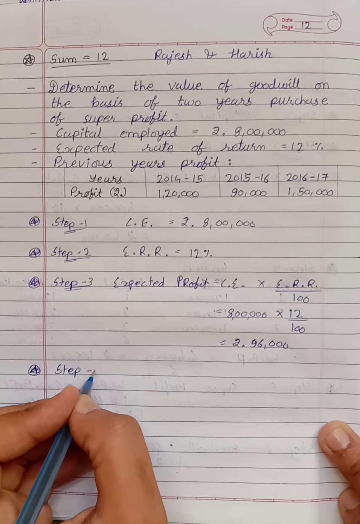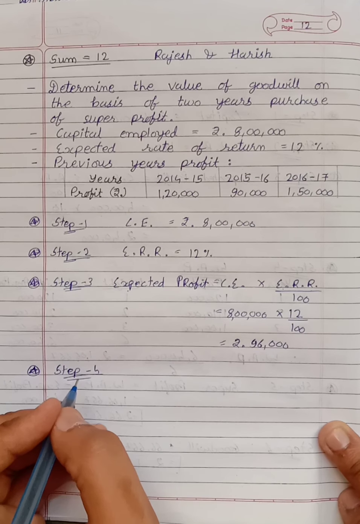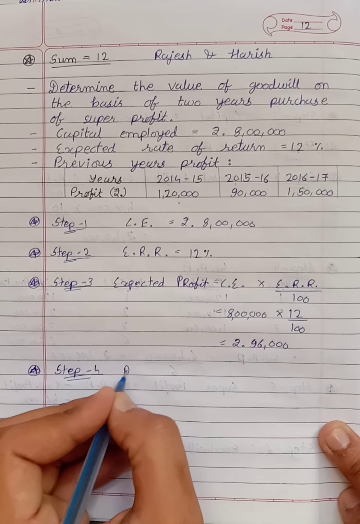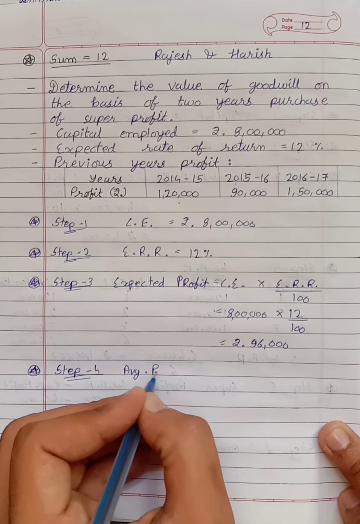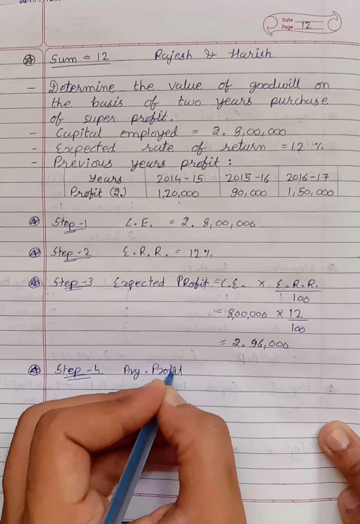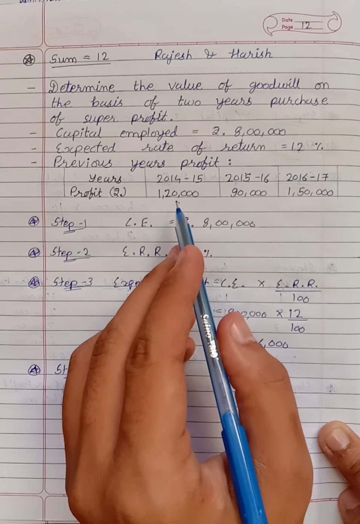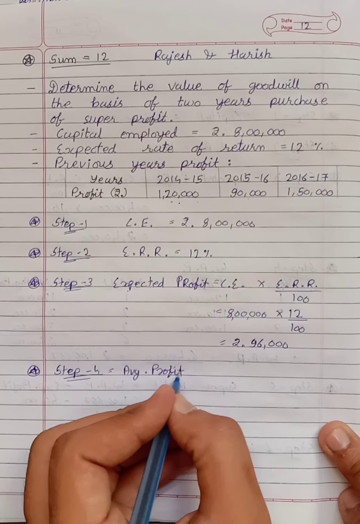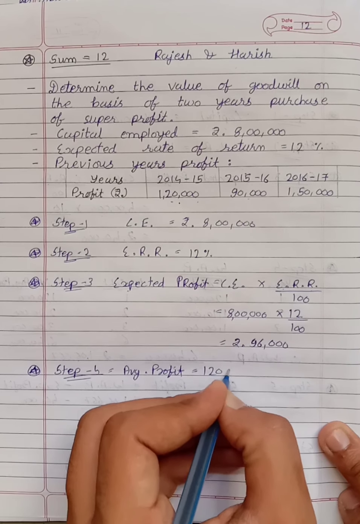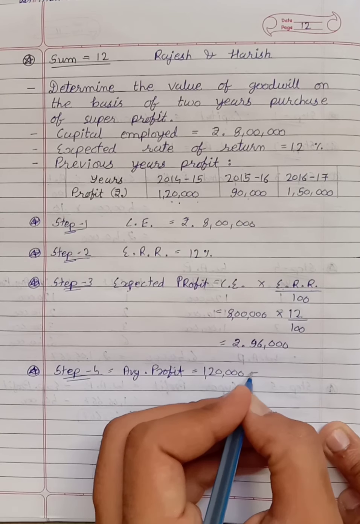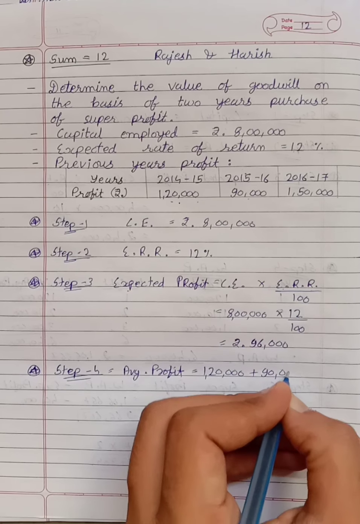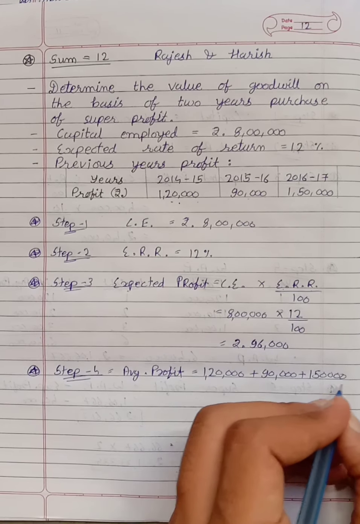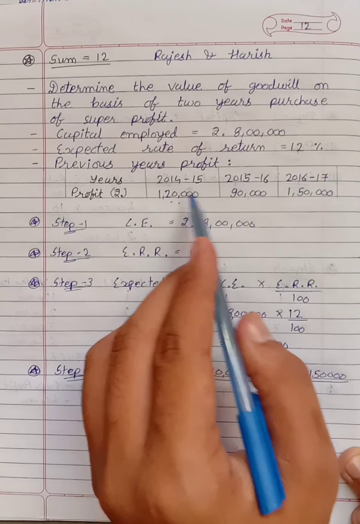Then we find step number 4. So what is our step number 4? Find the average profit, because the given profit is fluctuating, so here we find the average profit. So how to find average profit? Total of the profits: 1,20,000 plus 90,000 plus 1,50,000, divided by number of years.